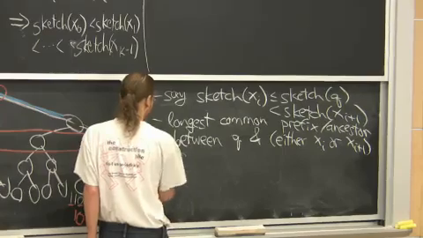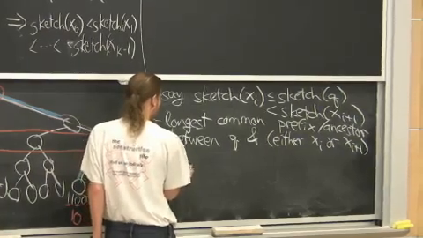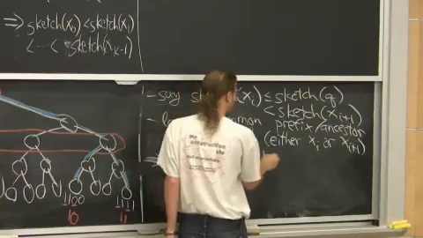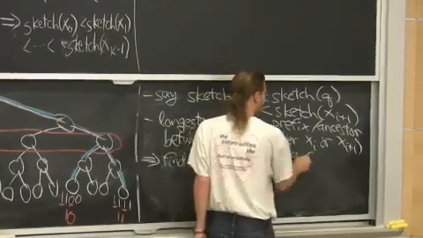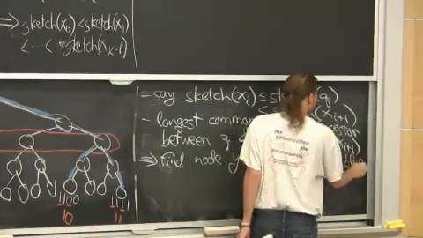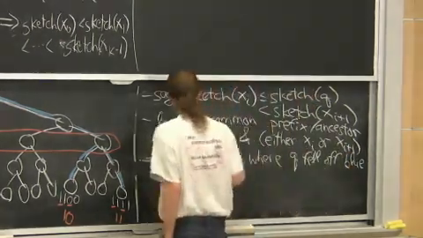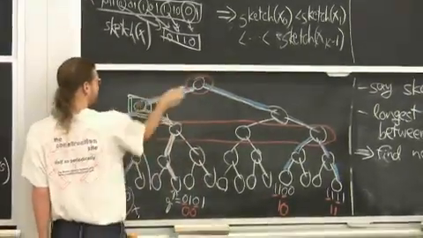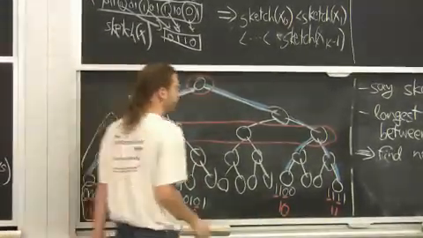So let me write this: find the node y where q fell off the blue tree. So this node y we can think of as a bit number. Here the leftmost bit was still on, but then the next bit was off.